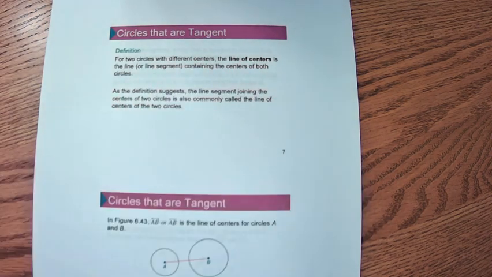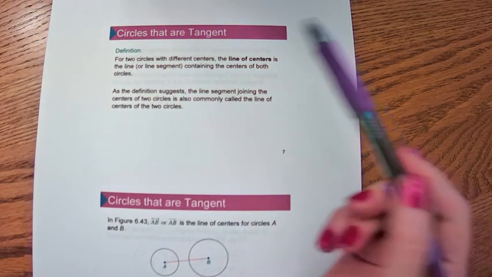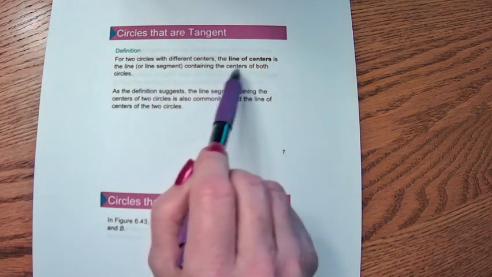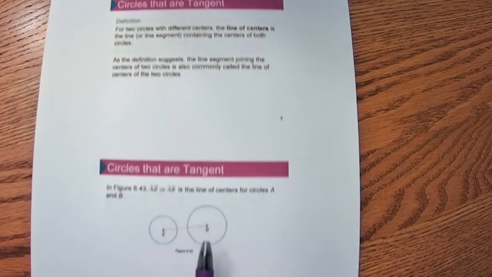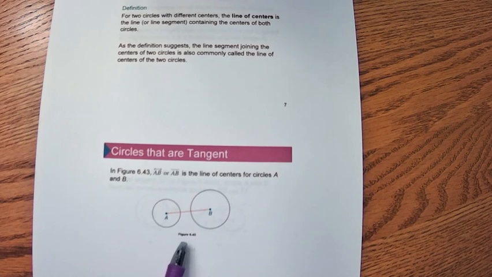So for two separate circles, the line of centers is the segment that contains both centers. If we look in this figure, here we have line segment AB, or it actually could be a whole line.